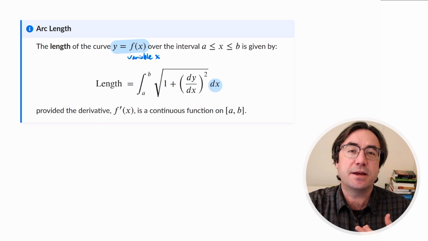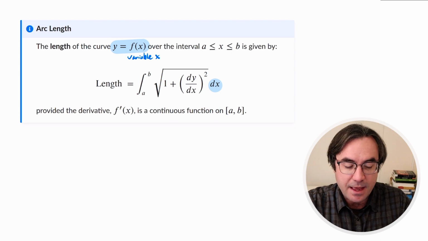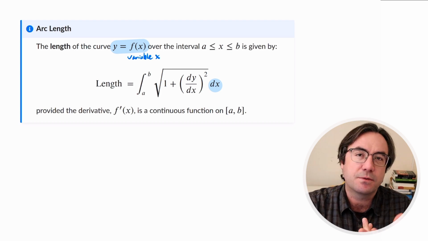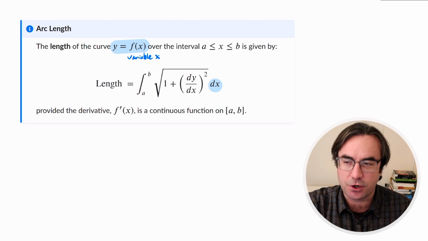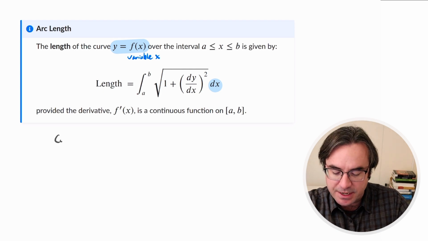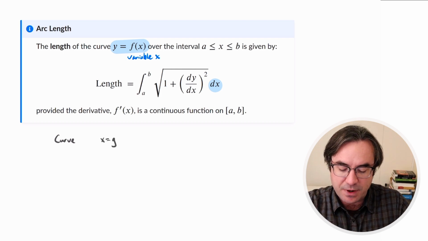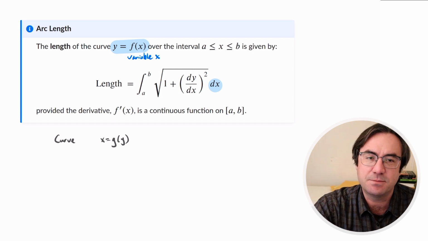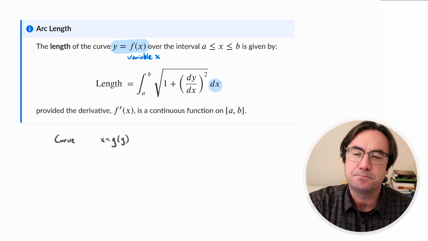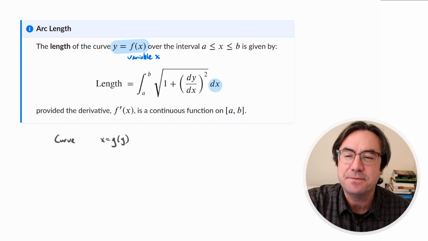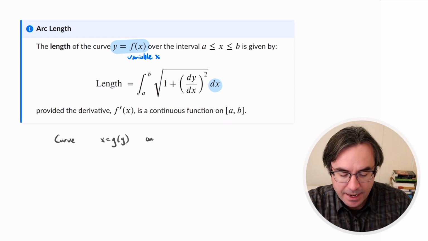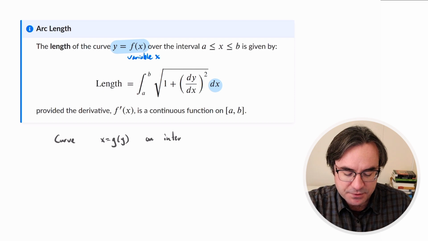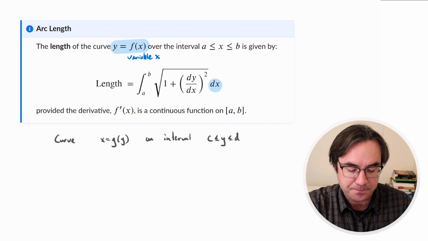Now there is a slight variation of this formula, and that happens if we're looking at a slightly different curve. So another option is if we have a curve that's in the form x equal to a function of y. This sometimes happens. Kind of like tilt our head. And we're looking at an interval from, say, c to d, where y is between c and d.